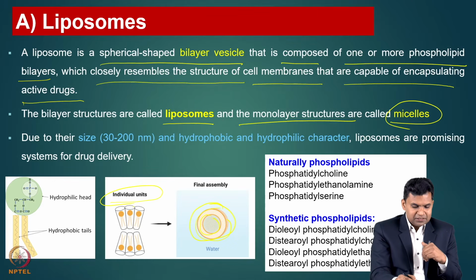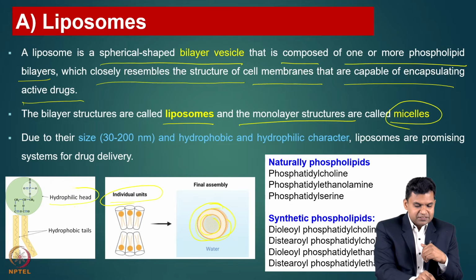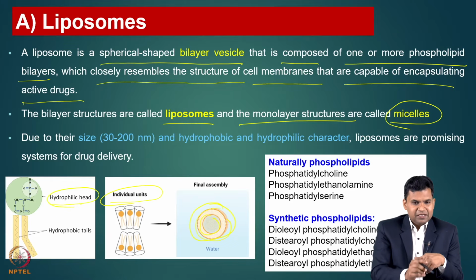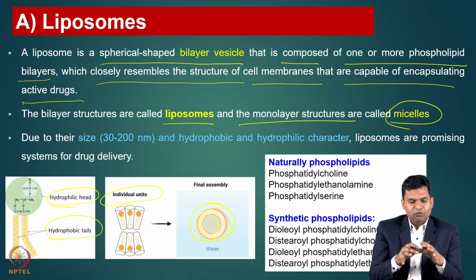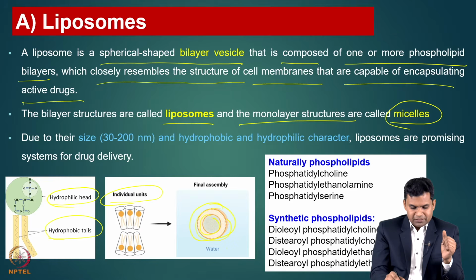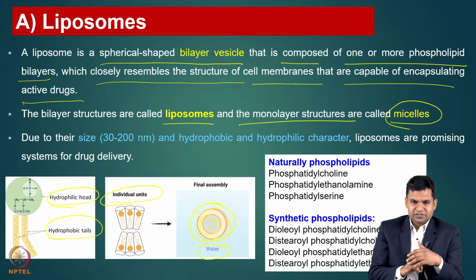So, you can see the structure of the lipids, which contain a hydrophilic head and hydrophobic tails. When you disperse them in water, they form self-assembling bilayer structures, which may be contained in water formulations.